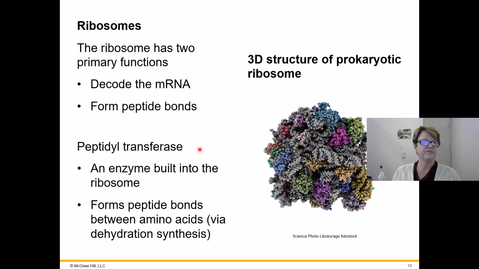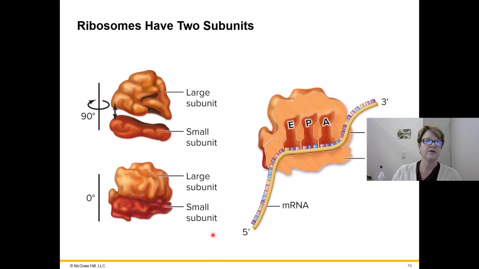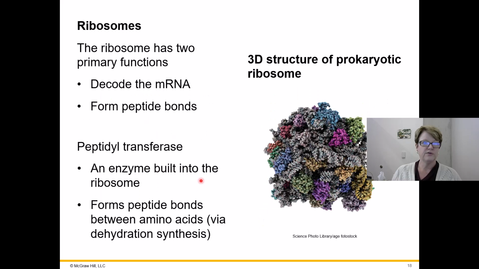The enzyme that performs this, which is built into the structure of the ribosome itself, is called peptidyl transferase. So that's where the dehydration synthesis of these incoming amino acids happens, because of that enzyme, which is part of the ribosome.